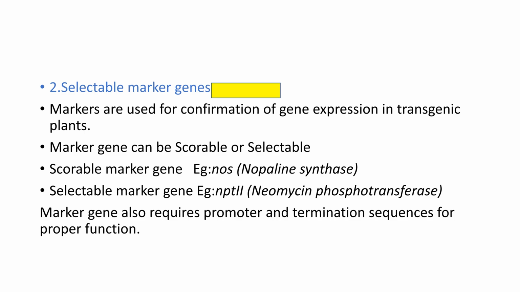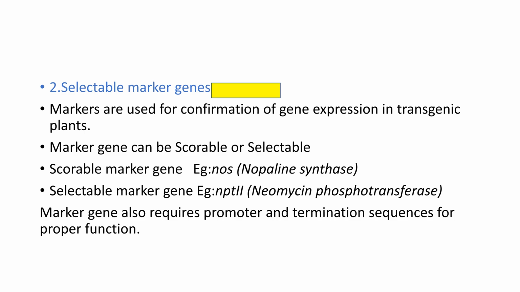Next is the selectable marker gene. The selectable marker genes encode proteins that provide resistance to agents that are normally toxic to the plants, like antibiotics or herbicides. So only the plant cells that have integrated the selectable marker gene will survive when grown on a media containing the appropriate antibiotic or herbicide.